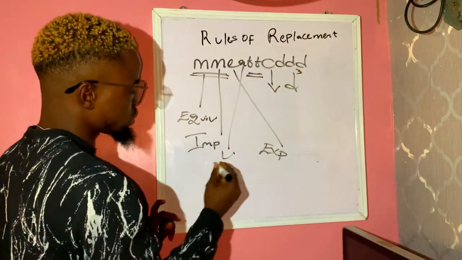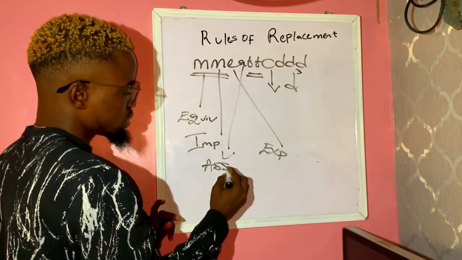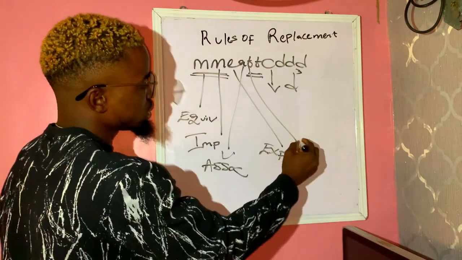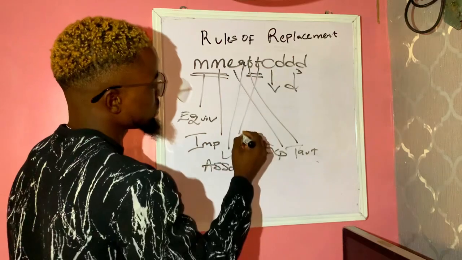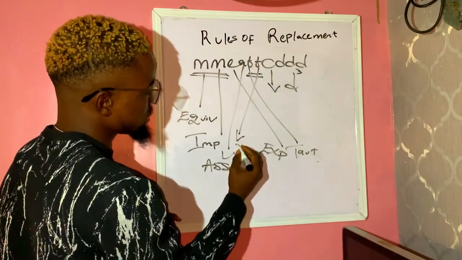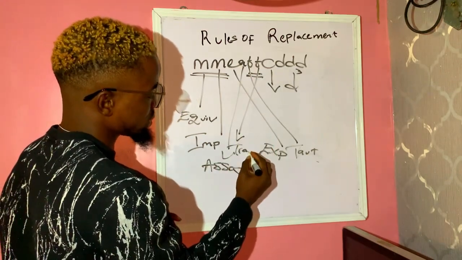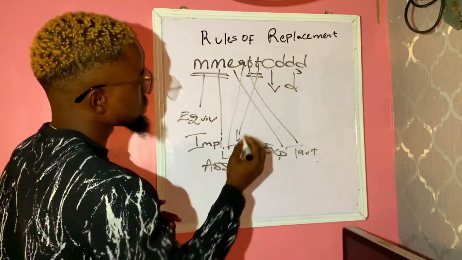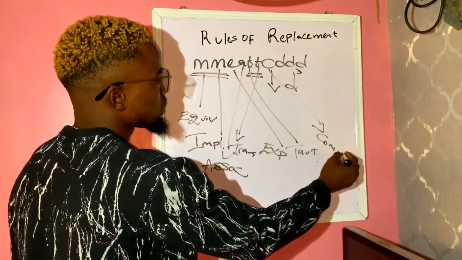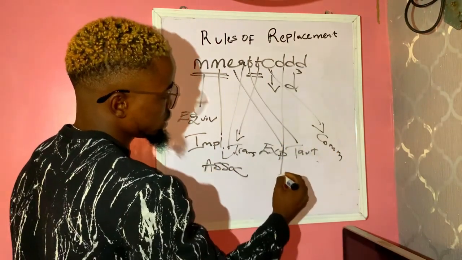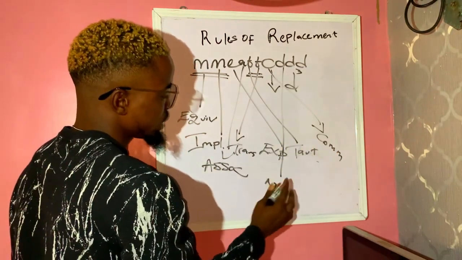The A is association, we call it ASSOC. Then the T is tautology, we call it TAUT. The second T is transposition, we call it trans. Then the C is commutation, we call it com. The first D is double negation, we call it DN.